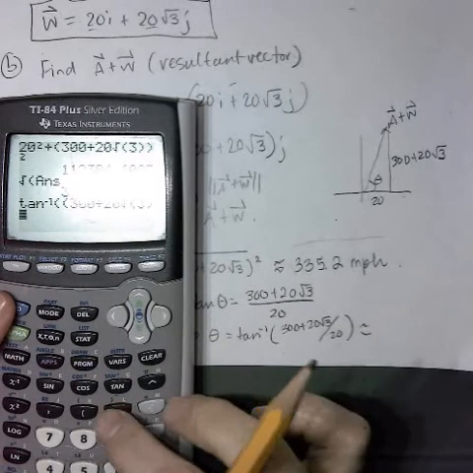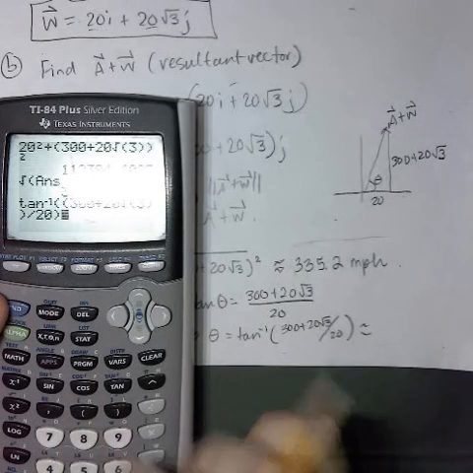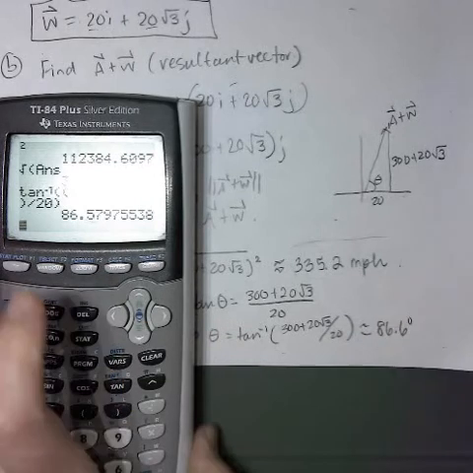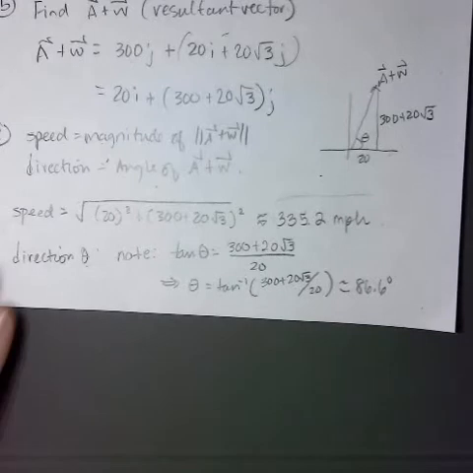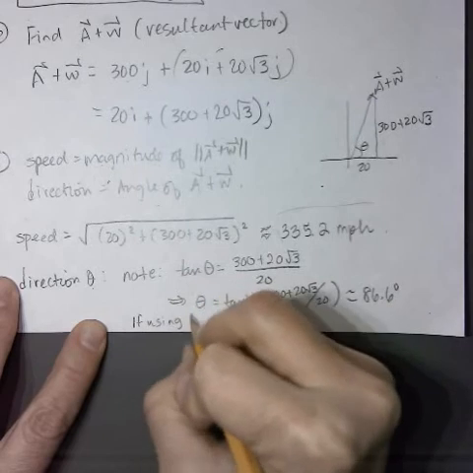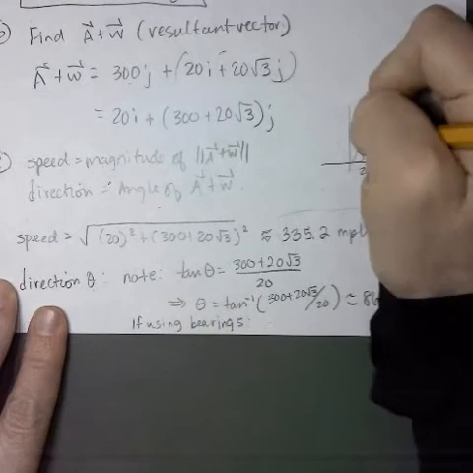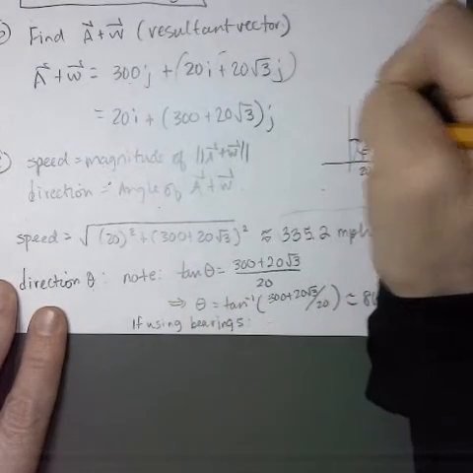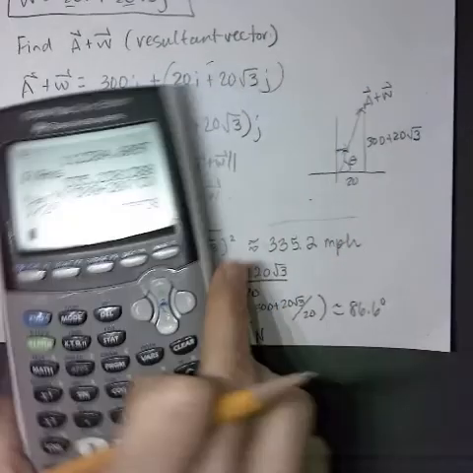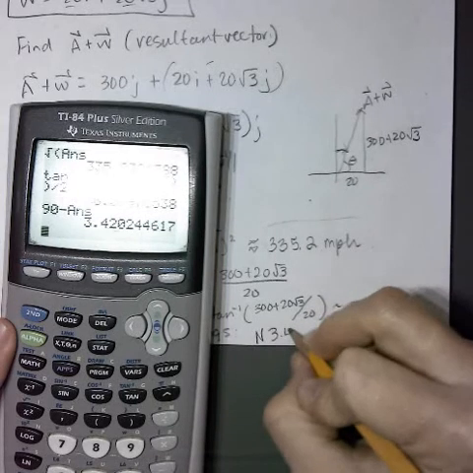But just as a general rule, we're going to use degrees in these problems. So approximately 86.6 degrees. If you're asked to use bearings, we would give this from the north line and be going to the west. So this would be north, let's see, 90 minus the answer, 3.4 degrees to the east.